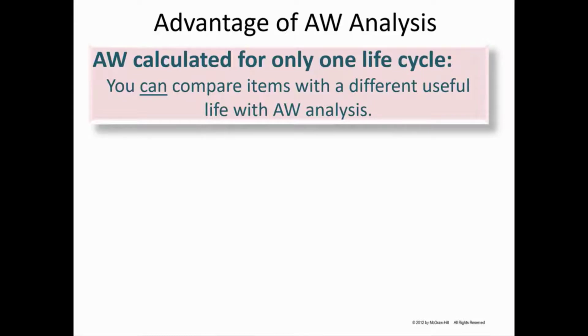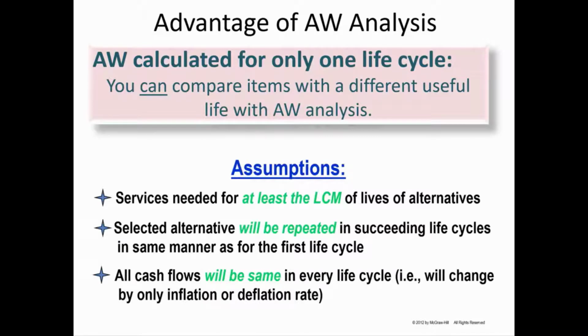But in the case of annual worth analysis, it's already assuming that the items are going to be used for at least the LCM. So if you've got one item that's 2 years and another item that's 3 years, if you compare them by annual worth analysis, you're already assuming that they would be repeated, and so that you need the equipment for at least 6 years.